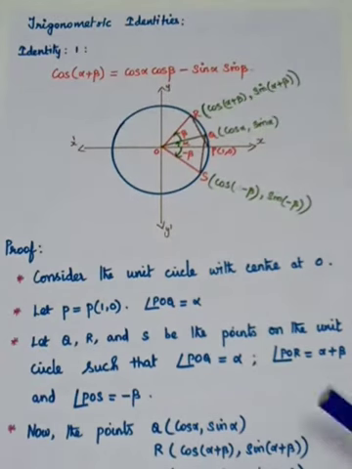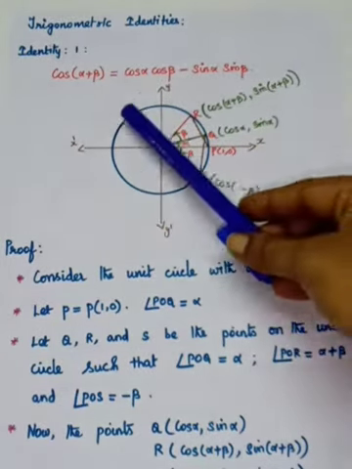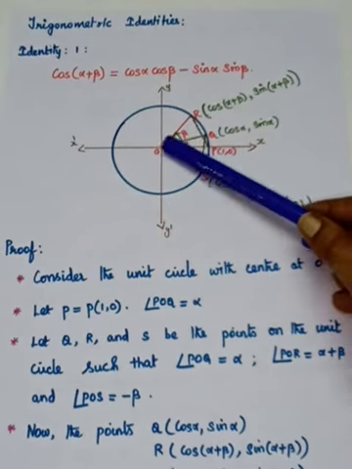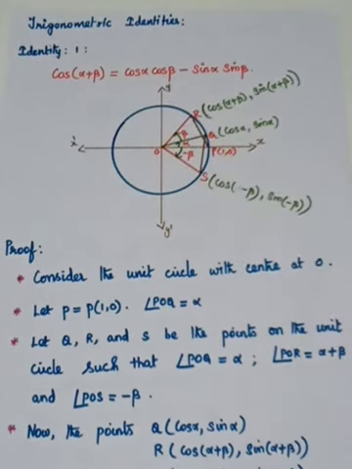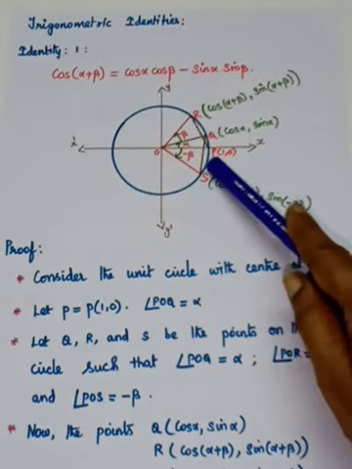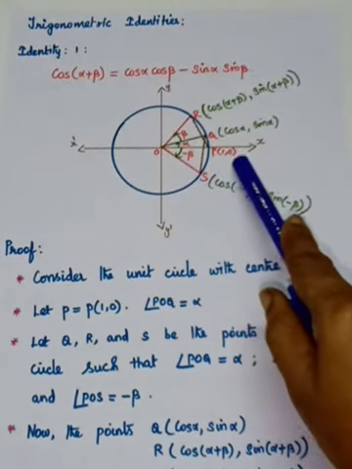To prove this identity, I have considered the unit circle. What circle? Unit circle. Unit circle means whose radius is 1. So what is the radius here? OR and OS. So it is 1. And this OP is also a radius. So we'll consider the point P in such a way that its coordinate is 1, 0.